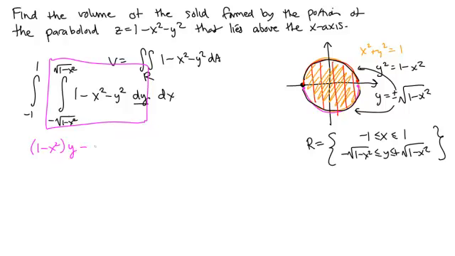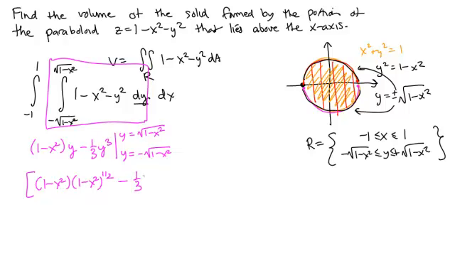The integral of y squared will be 1/3 y cubed, and so we'll evaluate that from y equals negative the square root of 1 minus x squared to y equals positive the square root of 1 minus x squared. If we plug in the top limit, we're going to have 1 minus x squared times y, which is 1 minus x squared to the 1/2 power, minus 1/3 y, which is 1 minus x squared to the 1/2 power, cubed.